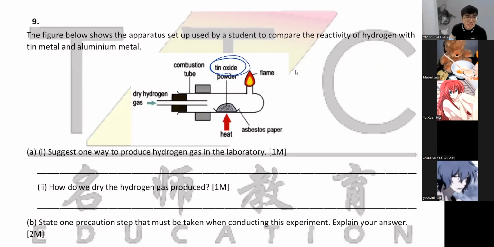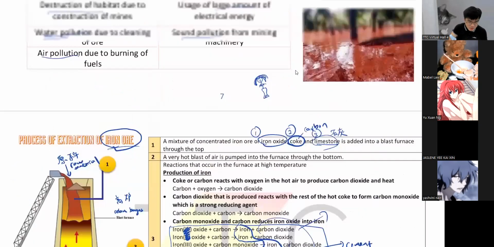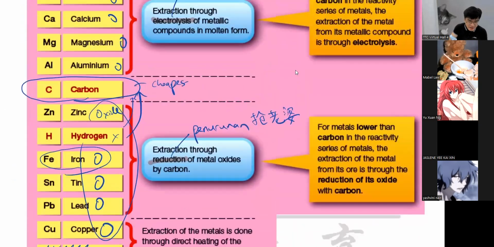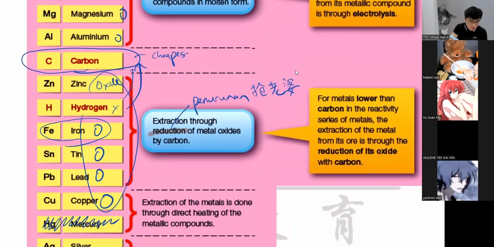And then this hydrogen is trying to come in and rampas the wife. Remember what is rampas wife? I talked about this last week. Anything that is lower than carbon, I can use carbon to take their wife away, and this process is called reduction, or penurunan.